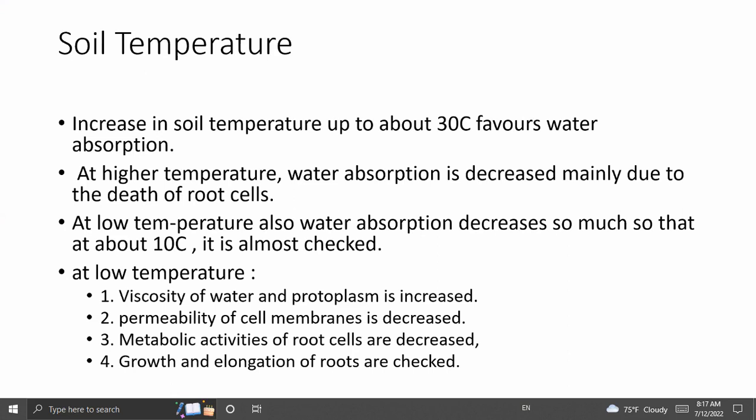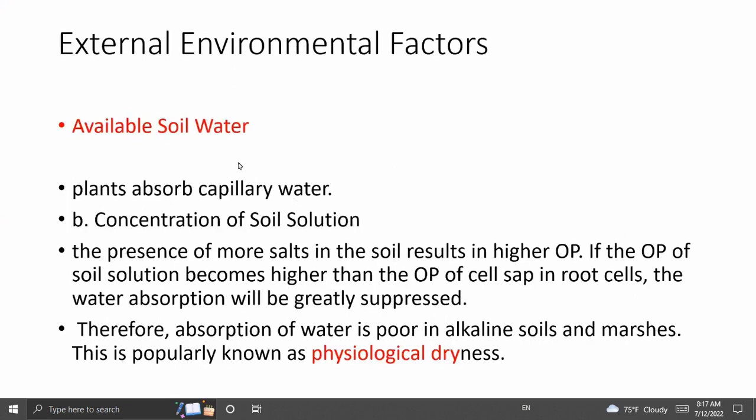If it goes beyond that or lower than 10 degrees centigrade, both affect absorption. Understood? Okay, we are seeing the external factors.